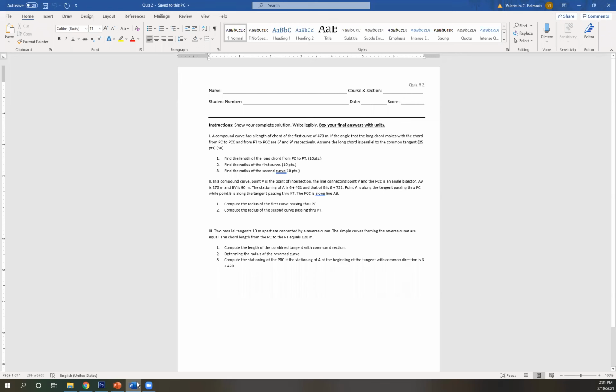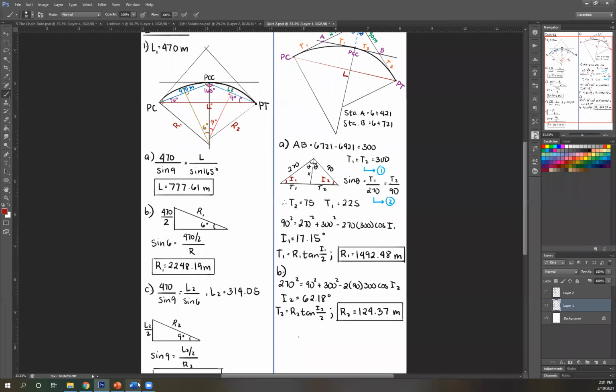So number 1, find the length of the long chord from PC to PT. So now I want to know this. To solve that, we can just use geometry, okay? Simple triangles. So first, we know L1.